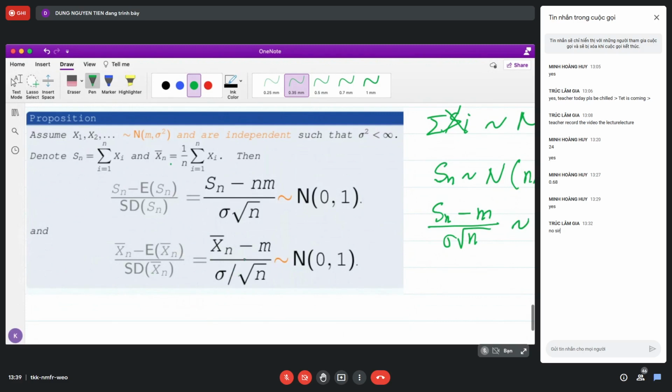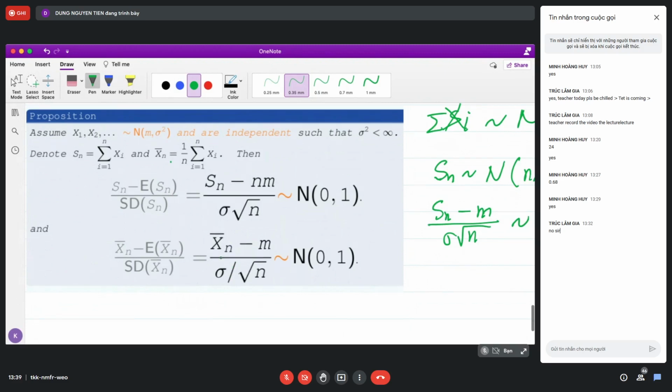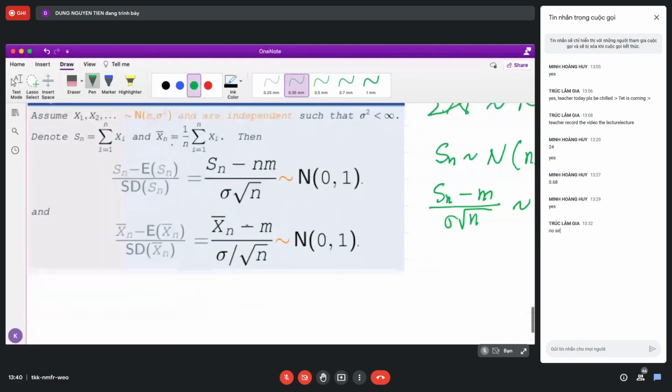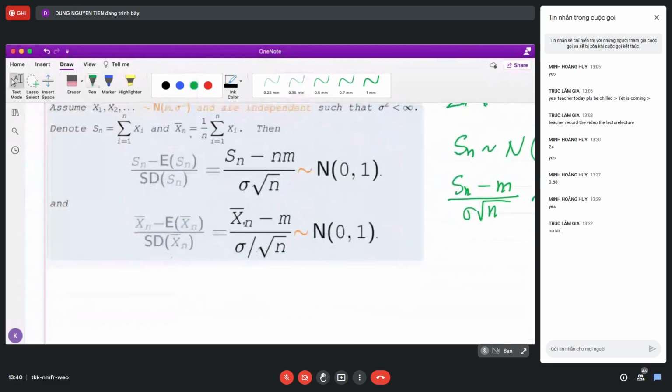Do you understand? So after all, we have these two distributions, and we have the results for independent normal random variables.